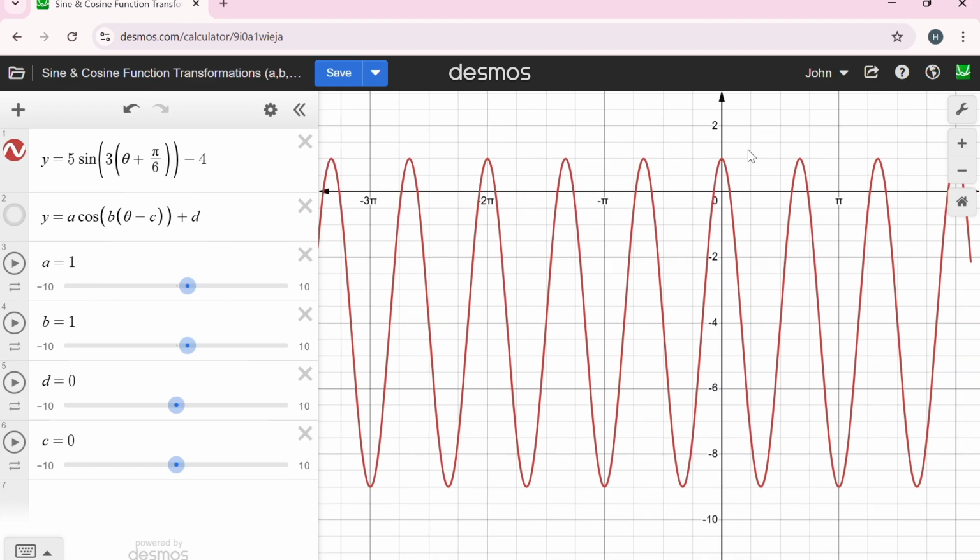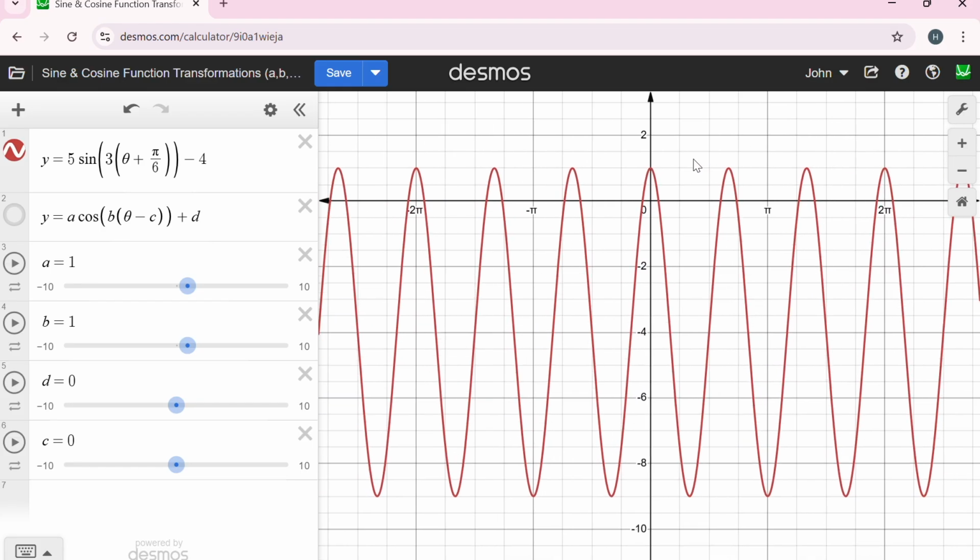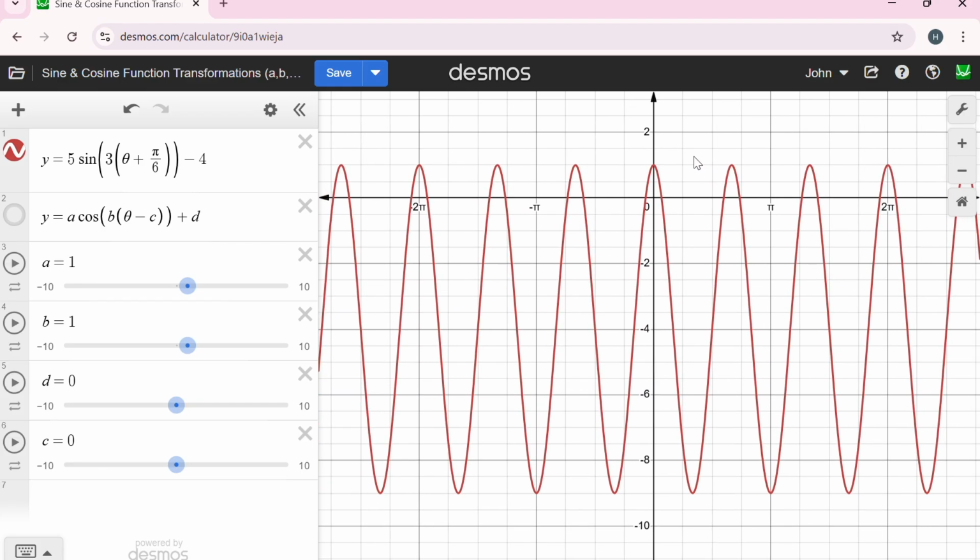There we go. That looks more like the problem in class. All right, so that's what we did with graph reading, this graph right here in red.